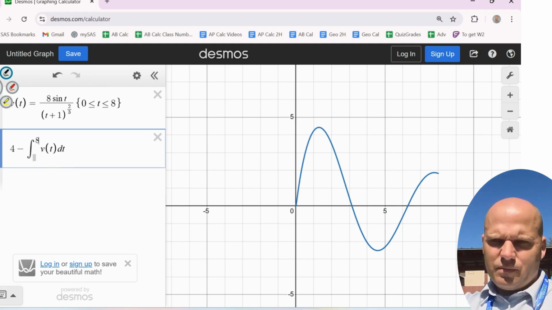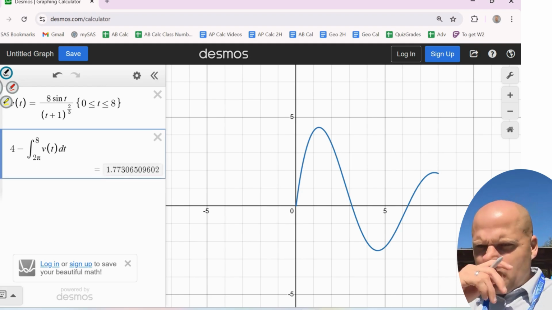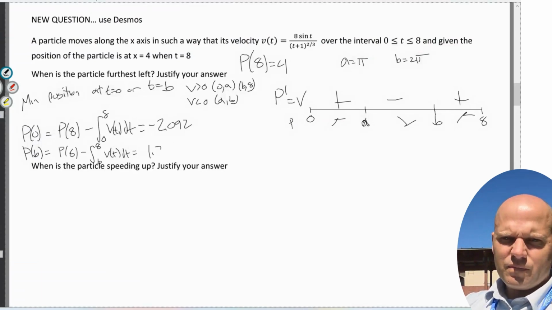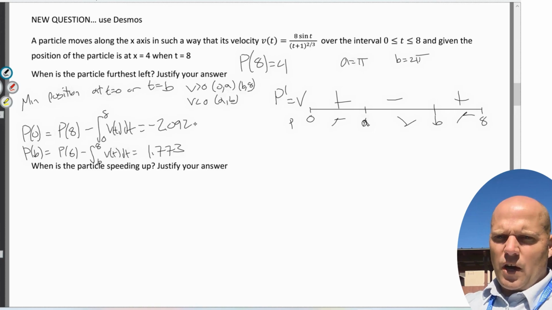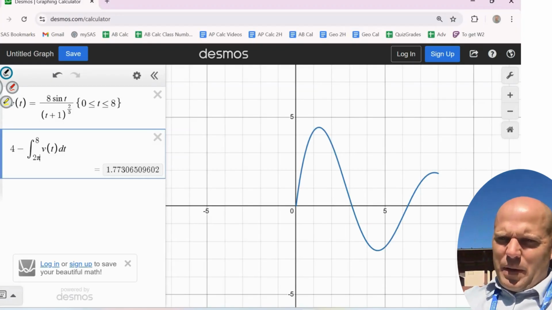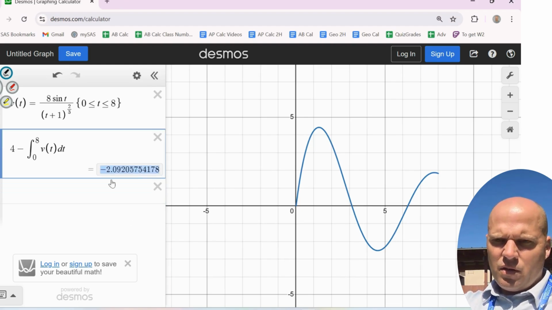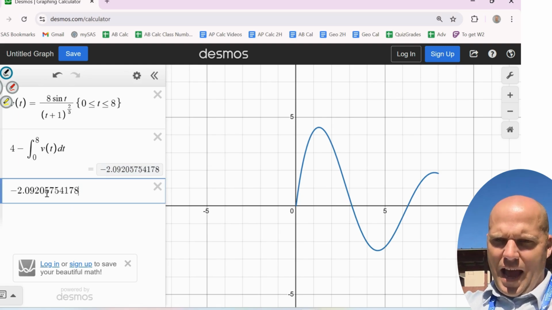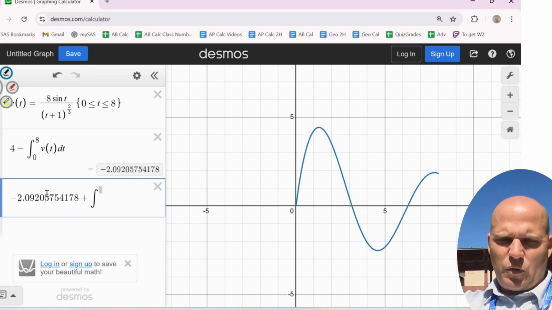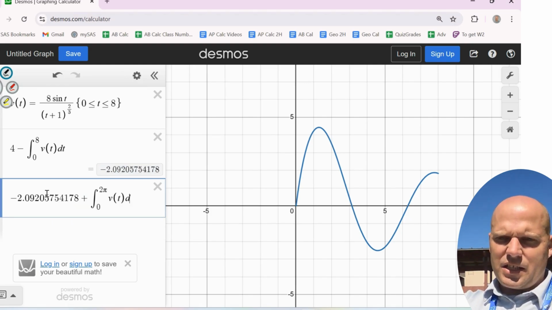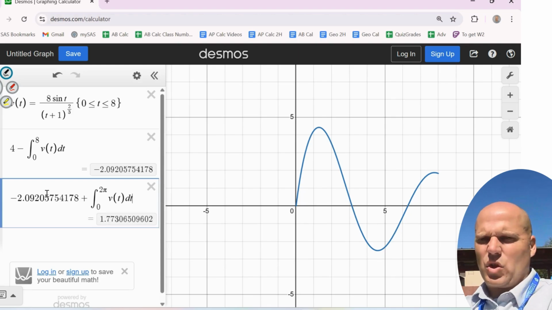I'm screwing up here. That's probably something you guys haven't done much. 1.773. Let's say you weren't comfortable with that. Let's go back to finding your position at 0. You could then take this position at 0 and add your integral of velocity from 0 to 2 pi to get the same answer, that 1.773.